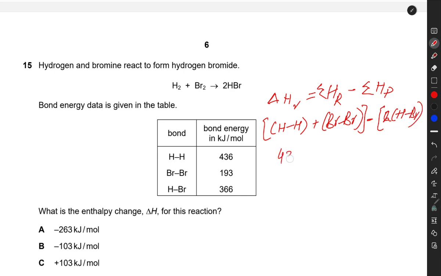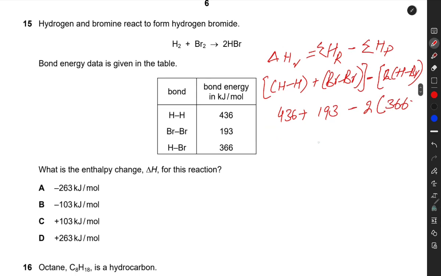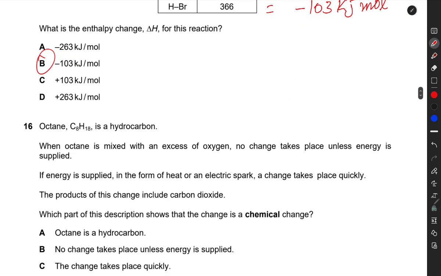So this is equal to 436, this is 193, and this is minus 2366, and it is equal to minus 103 kilojoule per mole. So minus 103, B option is the correct option.